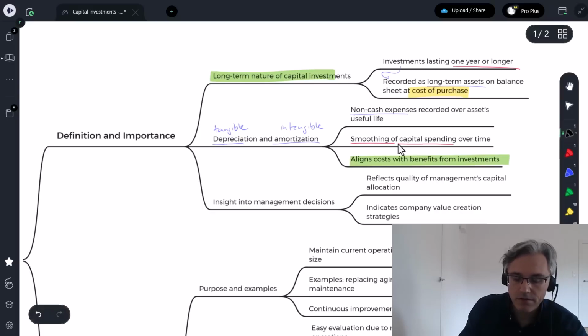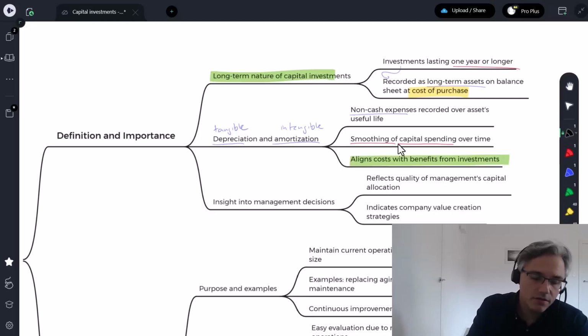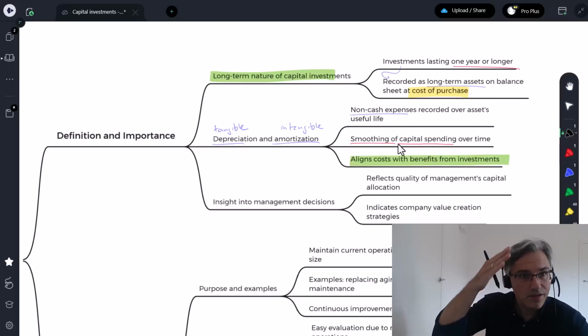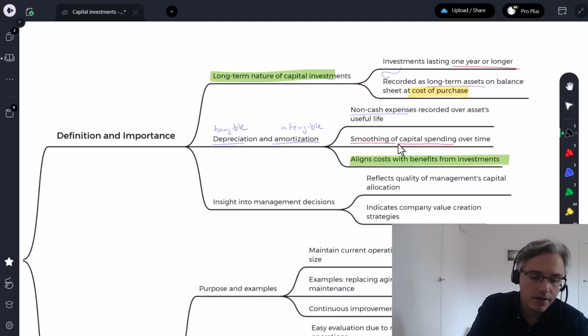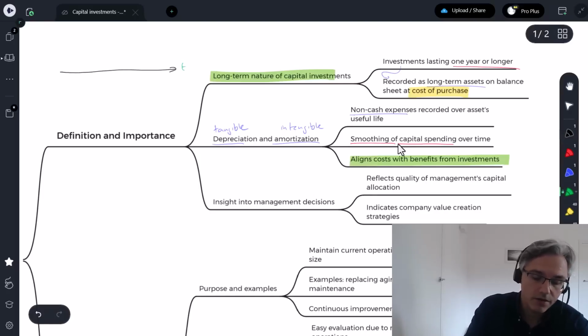So the whole idea behind depreciation or amortization is that, yes, you suffer a big cash outlay at the very beginning, and then hopefully, if this is a timeline, what will result are some benefits.